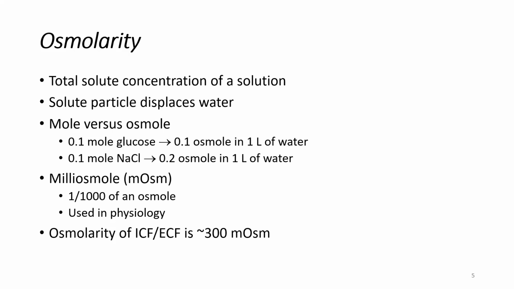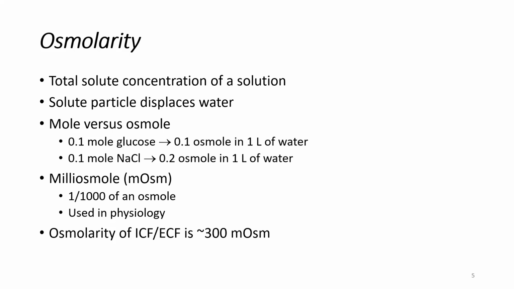If we take another type of molecule, for example, sodium chloride, we can have 0.1 mole of sodium chloride, but when that is dissolved in a liter of water, the osmolarity is different, right? The osmolarity here is 0.2 osmoles because each of those solutes will then further dissociate into their relative parts.